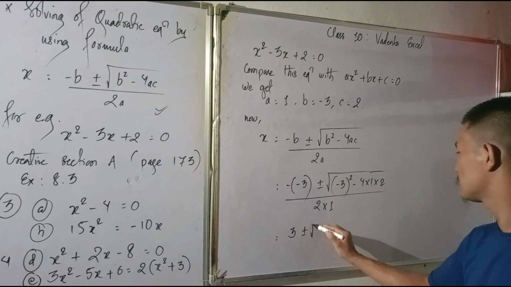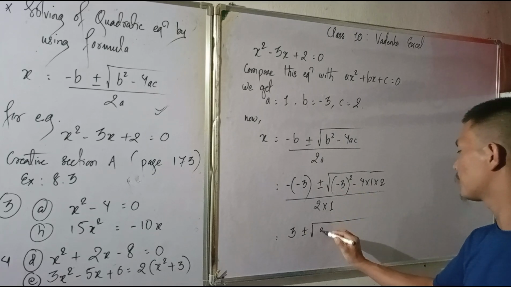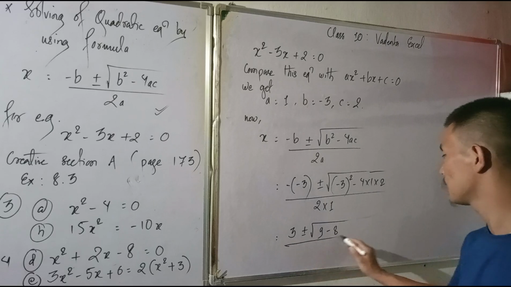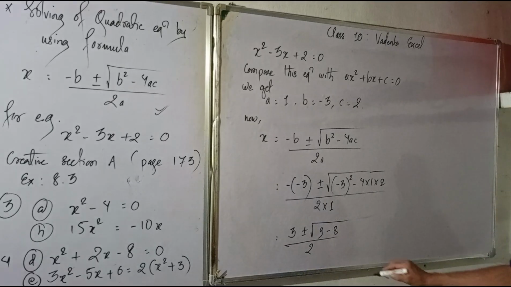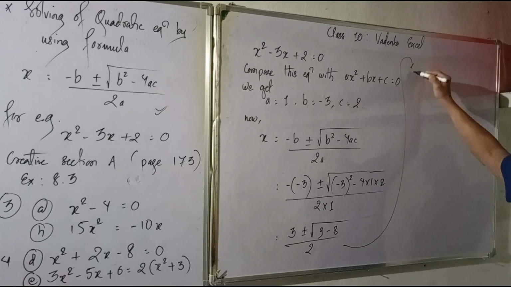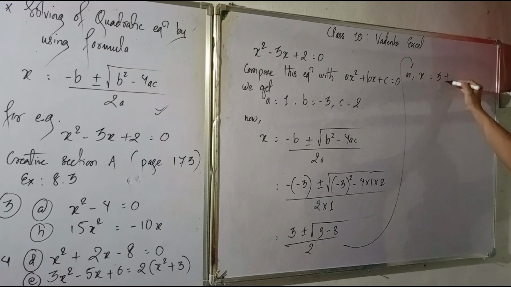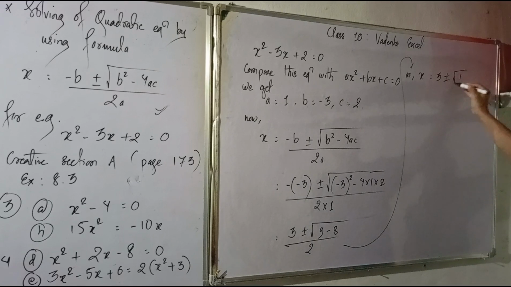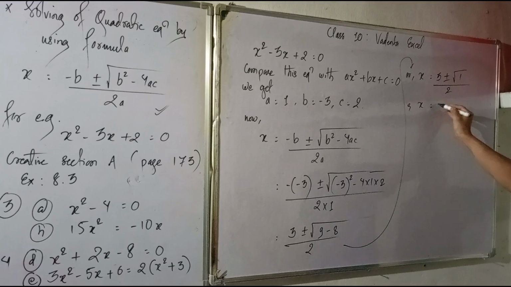So minus minus is positive 3, plus minus under root of 3 squared, which is 9, minus 4 times 1 times 2, which is 8, divided by 2. So x equals 3 plus minus under root of 9 minus 8, that is root 1, divided by 2, or x equals 3 plus minus 1 divided by 2.